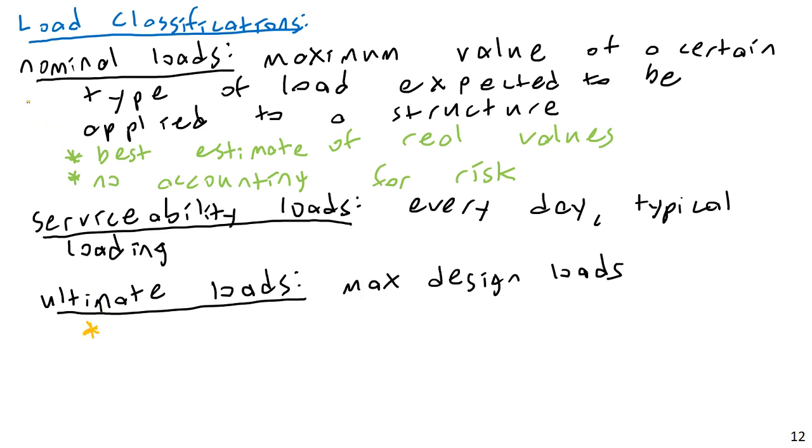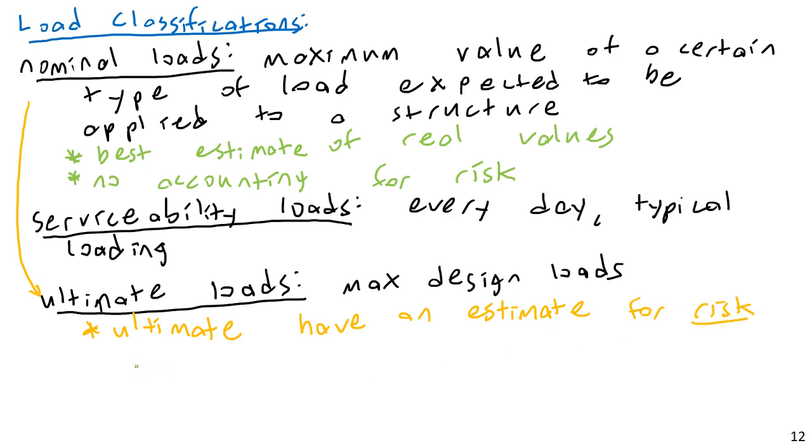When we start with nominal loads and apply various mathematical techniques, we transform them into ultimate loads by considering risk. Ultimate loads have a mathematical estimate for risk baked into them.